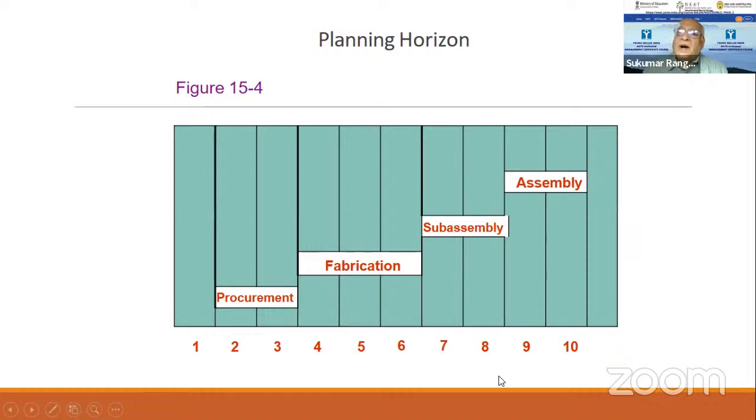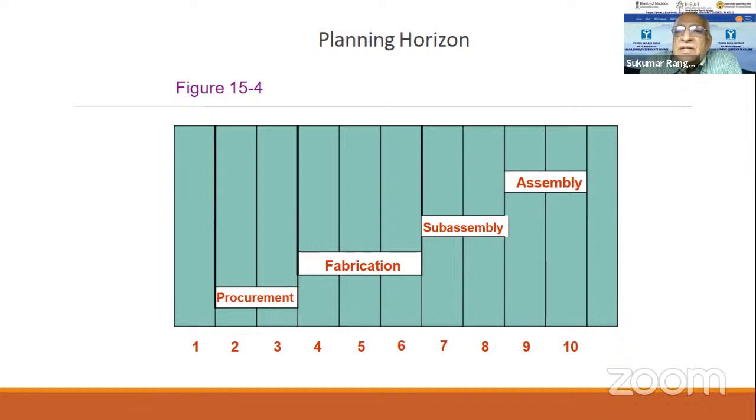Now, suppose this is the lead time and you have a total shortage of material. The sales or marketing cannot say that, I'll give you tomorrow. Let's assume that each one of these is a day. That means you need a minimum of 9 days from procurement to completion for you to deliver.